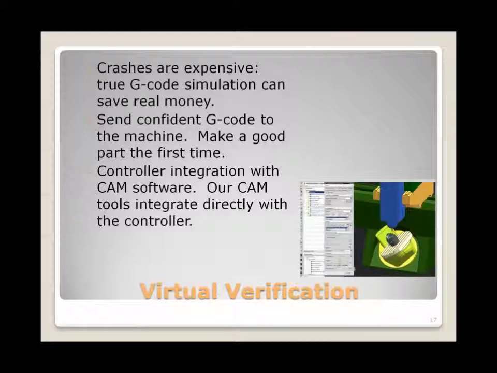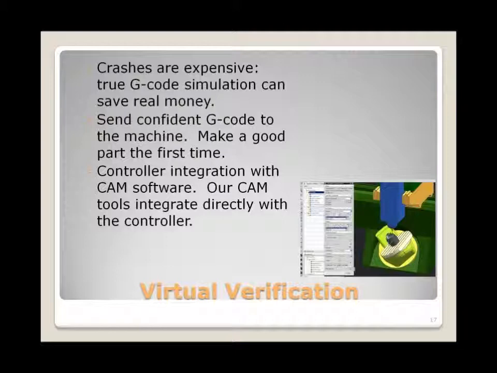And of course, being able to verify your process so that when you send it down to the machine, up or down, depending on where you're located. Being able to verify your process in true G-code simulation is highly important when you get into multi-axis, so that maybe your complex cycles, your 3D tools, center point offsets, and just being able to see all of that in real time and actually looking at the code after posting it.